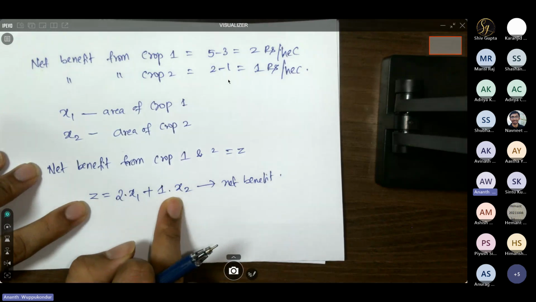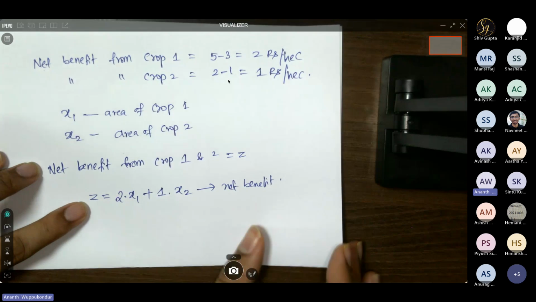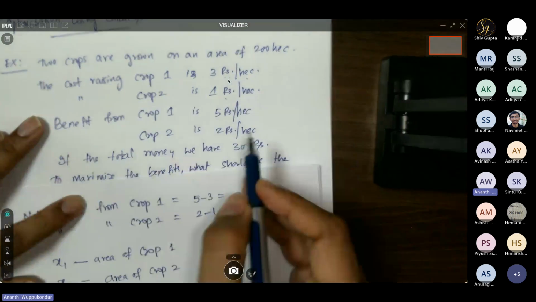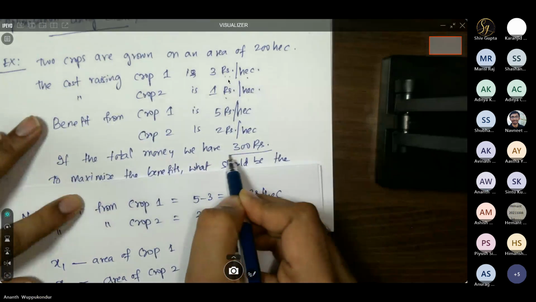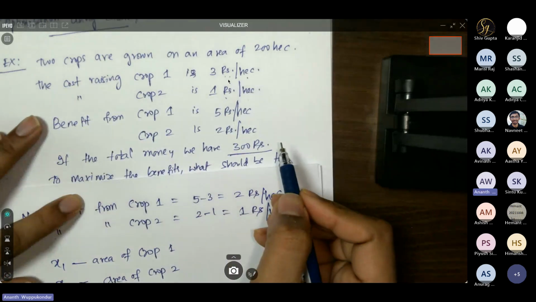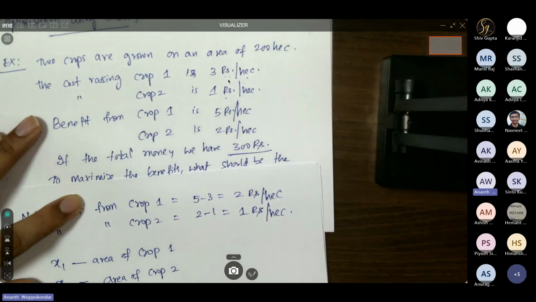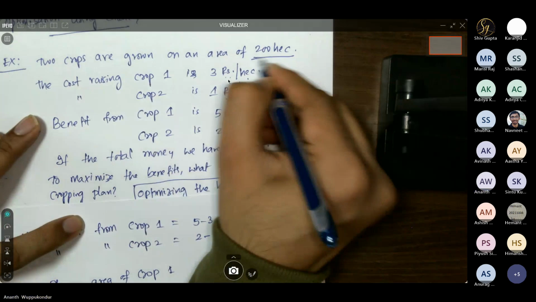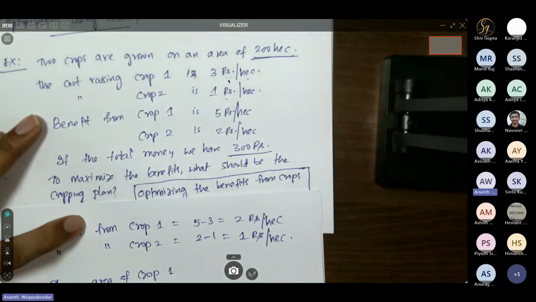And for this, there are two conditions that are given. The first is that we only have a limited amount of money, which is 300 rupees. So the money that we can spend on both crops together is only 300 rupees. And the total area that we have is only 200 hectares. These are the two conditions that we need to satisfy.